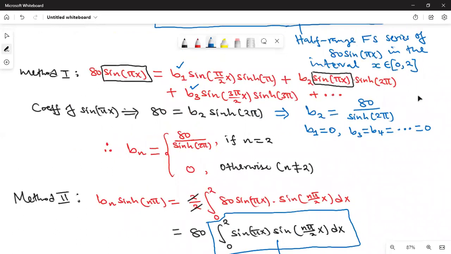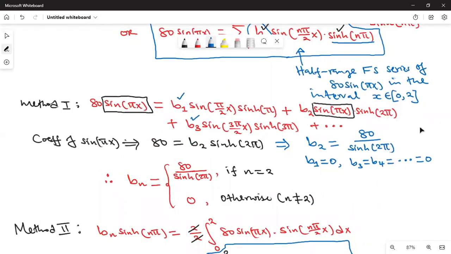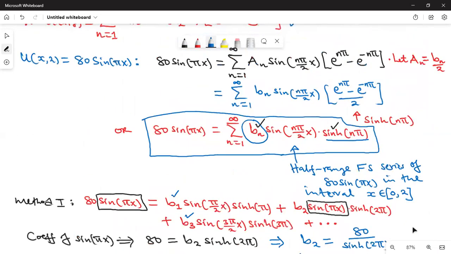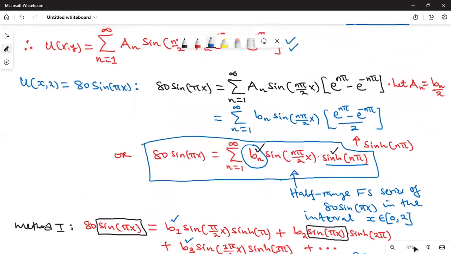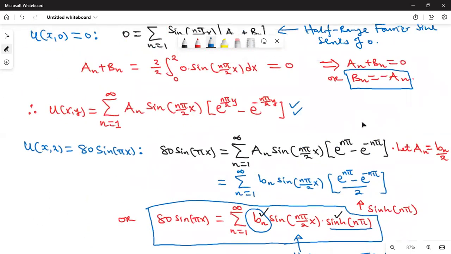Now, with that Bn, only B2 is valid, the rest are zeros. So we come back here, look at our solution before we applied the other boundary condition. This was our solution that we are dealing with. So let me bracket it. This is the one that we were dealing with.